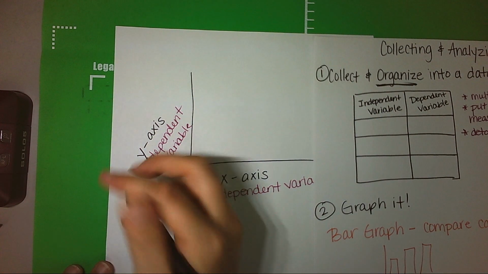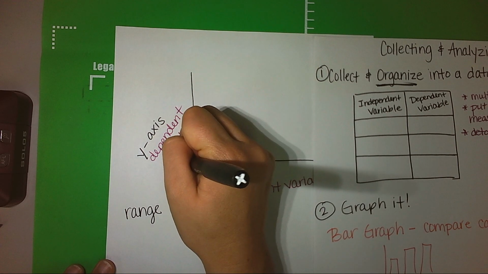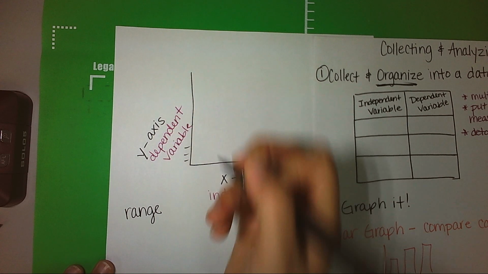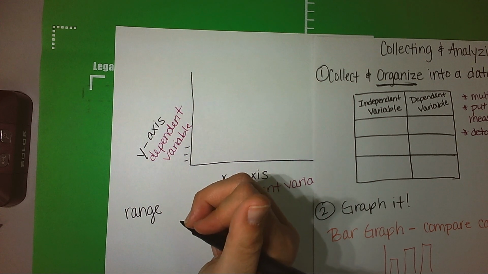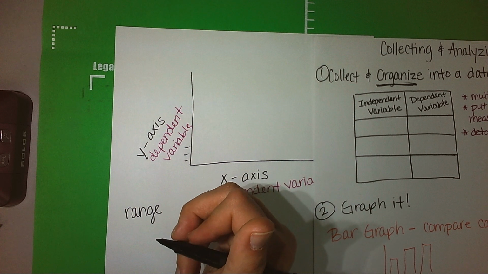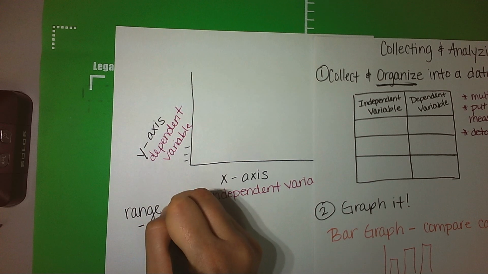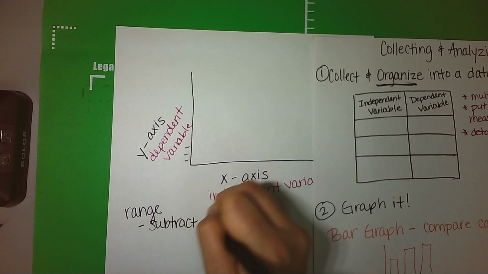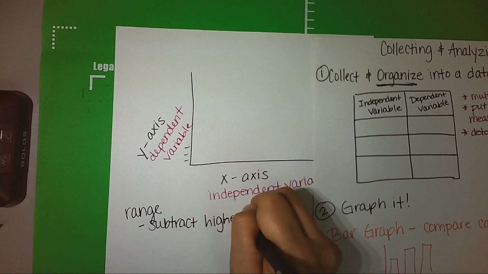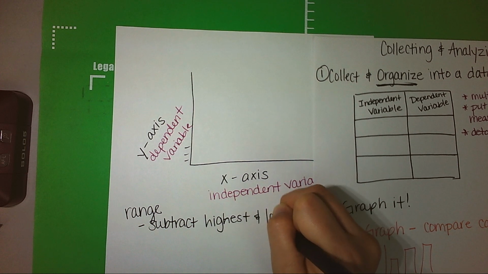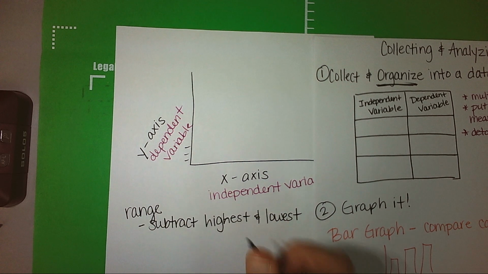Now remember, you want to pick a range of what would be the best thing to go by. Would you go by 2s? Would you go by 5s? Would you go by 10s? So you want to subtract your highest and lowest to find the range.